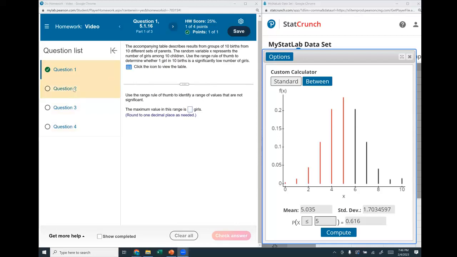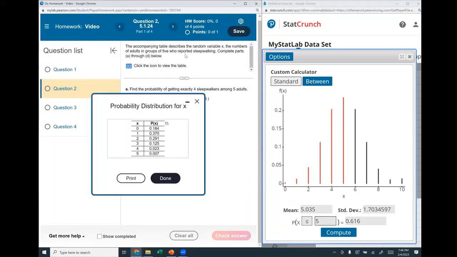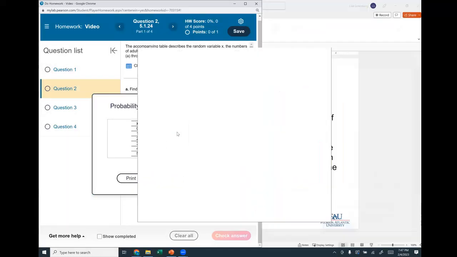All right, let's go to number 2. The accompanying table describes a random variable x, the number of adults in groups of 5 who reported sleepwalking. And we have a lot of parts A through D. So let's open this in StatCrunch.